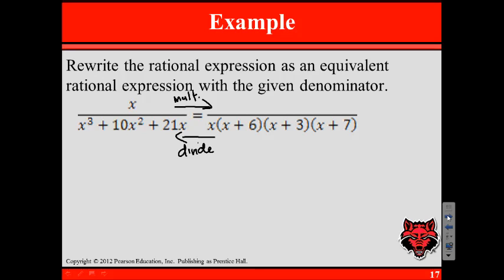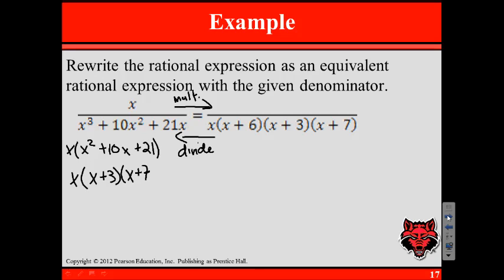In this example, it will be easier if we start by factoring the first denominator before we set up our division. And so we can look and we have a GCF of x. We factor out x, and that gives us x squared plus 10x plus 21. As we continue to factor, this will factor into x plus 3 times x plus 7.